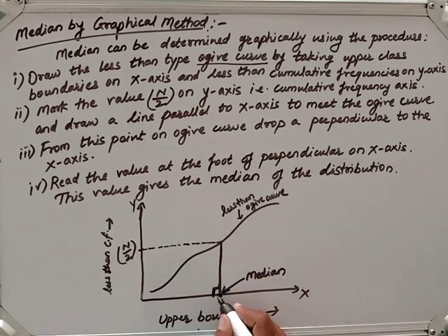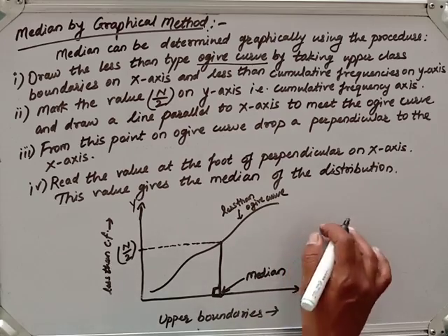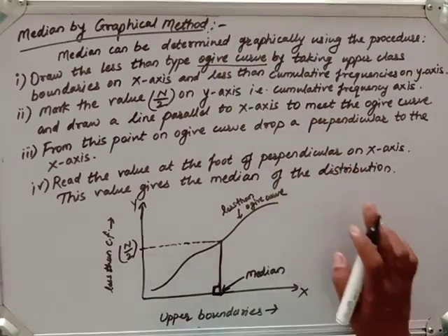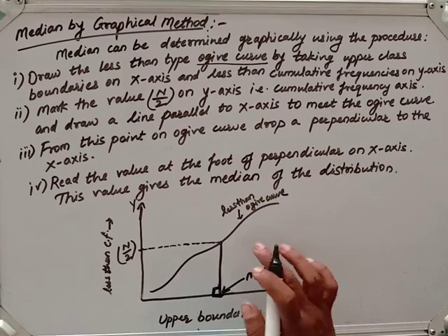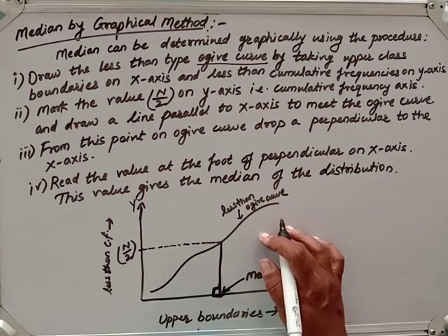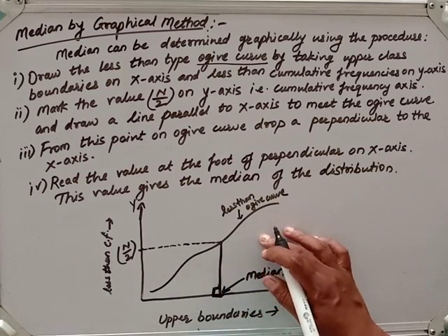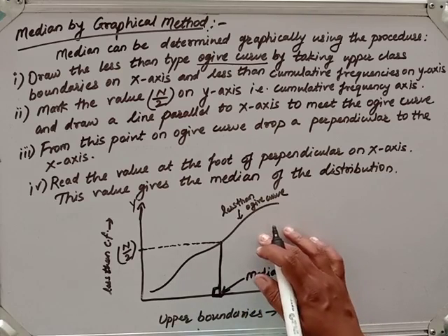It will be 90 degrees. You can use a scale, and that will be our median. So in this way also you can determine median by graphical method. This is possible for a continuous frequency distribution.